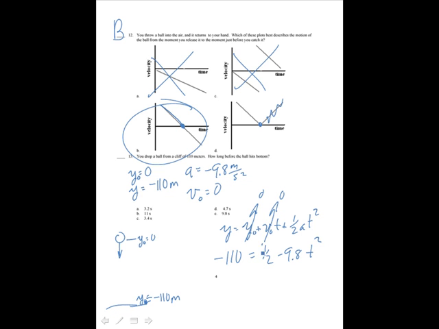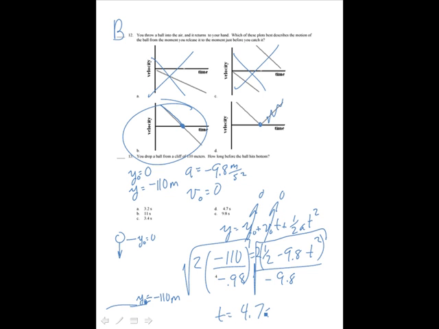I multiply both sides by 2, divide both sides by minus 9.8, and take the square root of both sides to get rid of the t squared, and that'll give me the answer. So I have 110 divided by 9.8, the negatives cancel, times 2, square root that, I get 4.7 seconds. T is equal to 4.7 seconds. And let's see, that is option D for number 13.